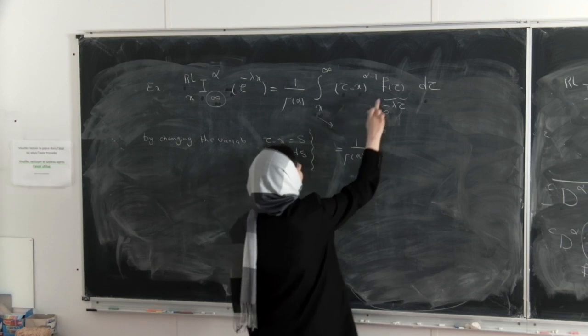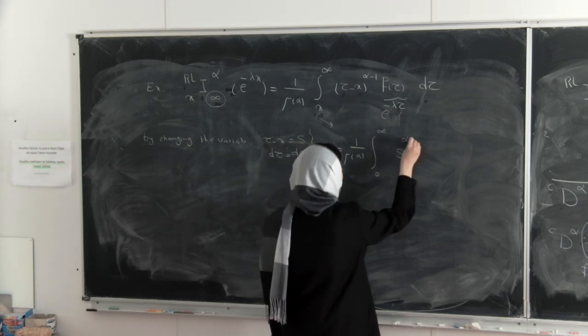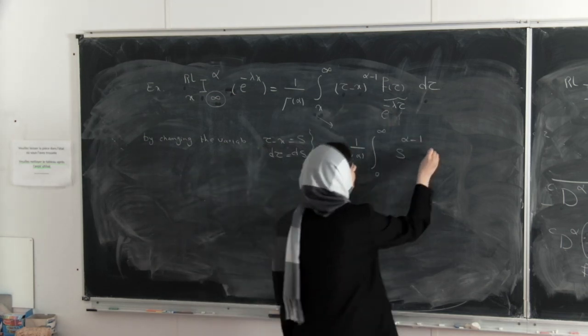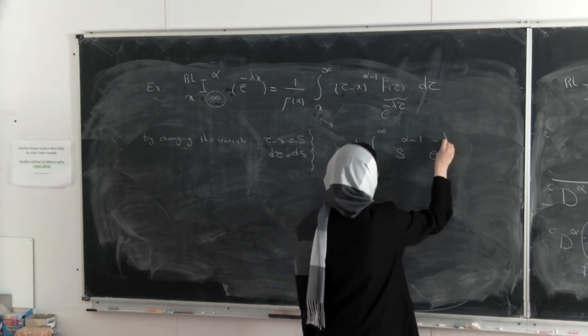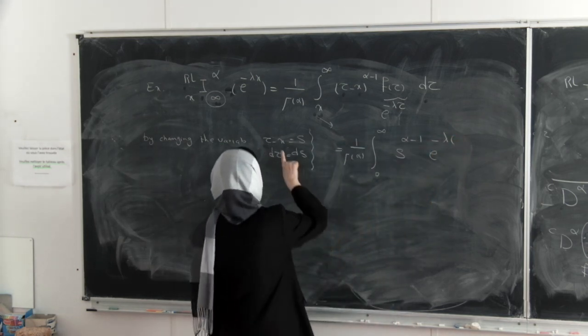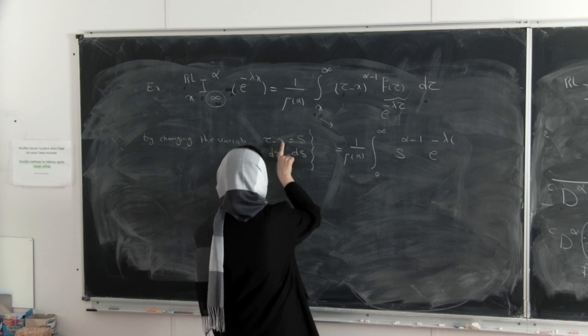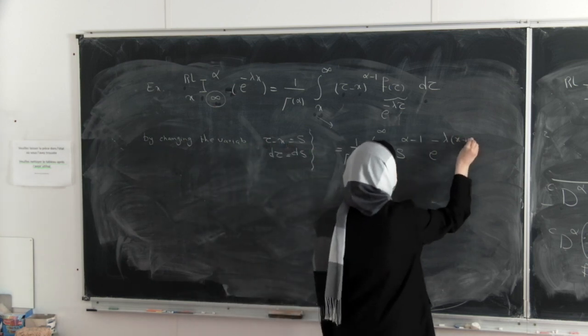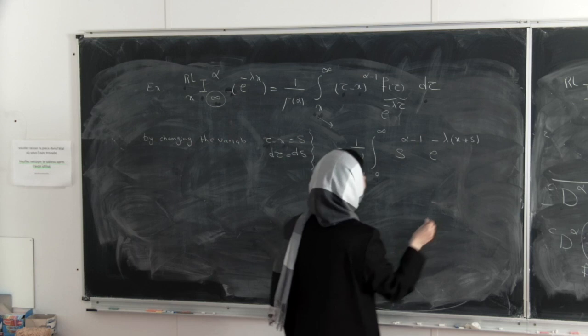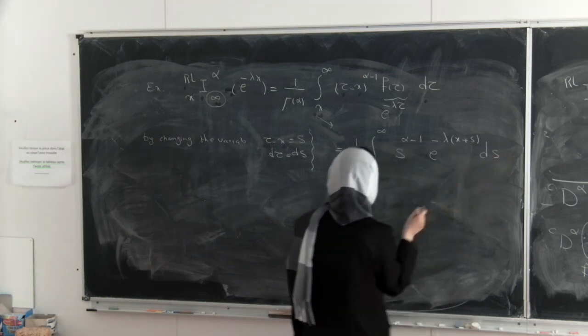Tau minus x is s, to the alpha minus 1, times e to the minus lambda times x plus s, and d tau is ds.